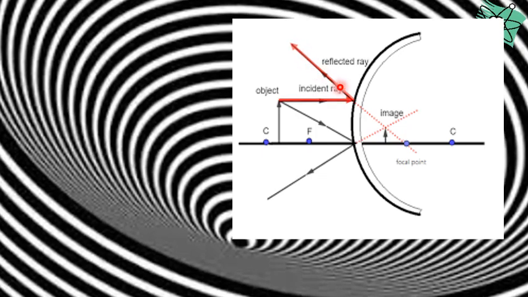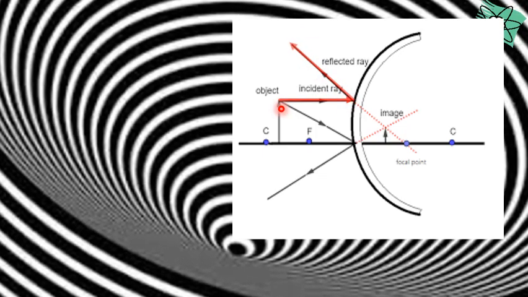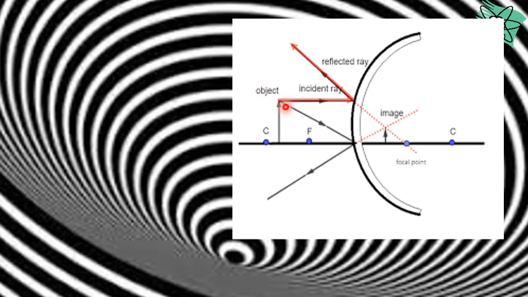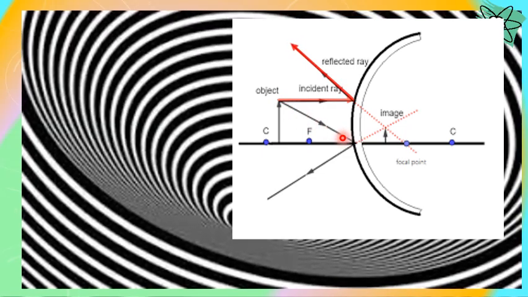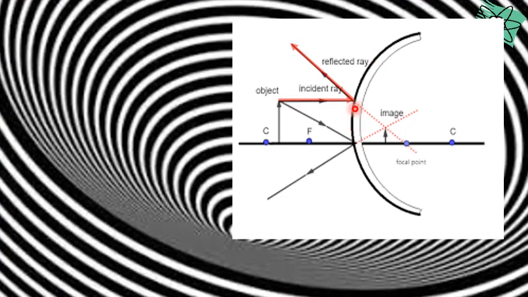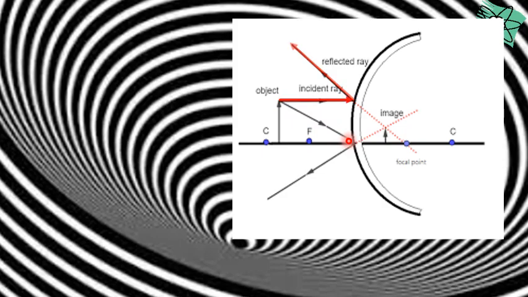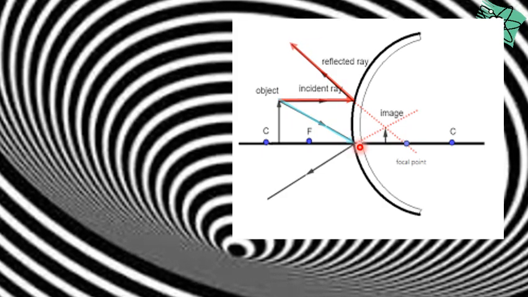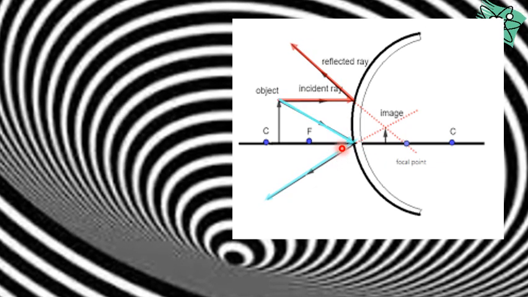And we need another ray still coming from the tip of the arrow that represents the object. This time, we are choosing an incident ray that will hit the vertex of the convex mirror, which, when reflected, is reflected as shown.